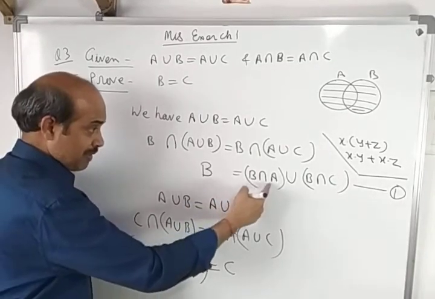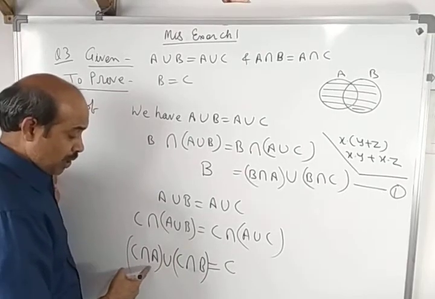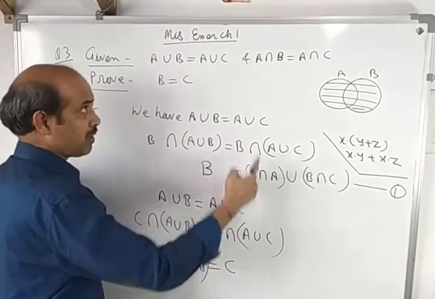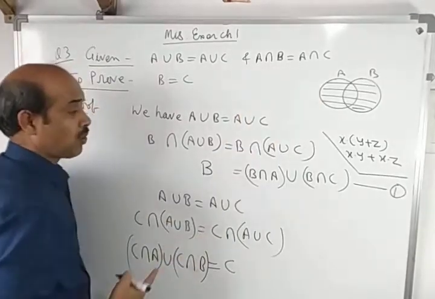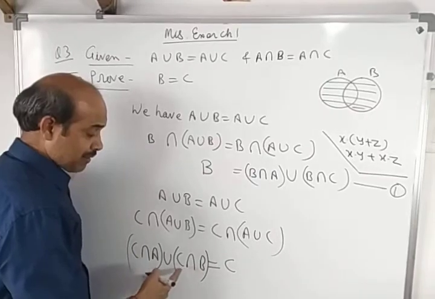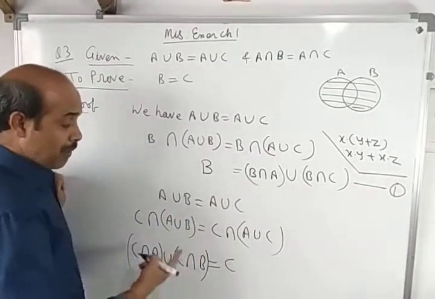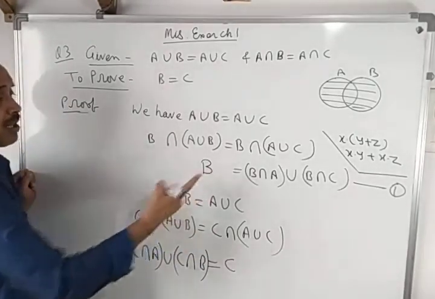Now this is B intersection A, this is C intersection A, which is equal. A and C, A and B is given to you equal, only the order is a little different. This is also C intersection B and B intersection C. This is basically the same, so we will change this similar to 1.